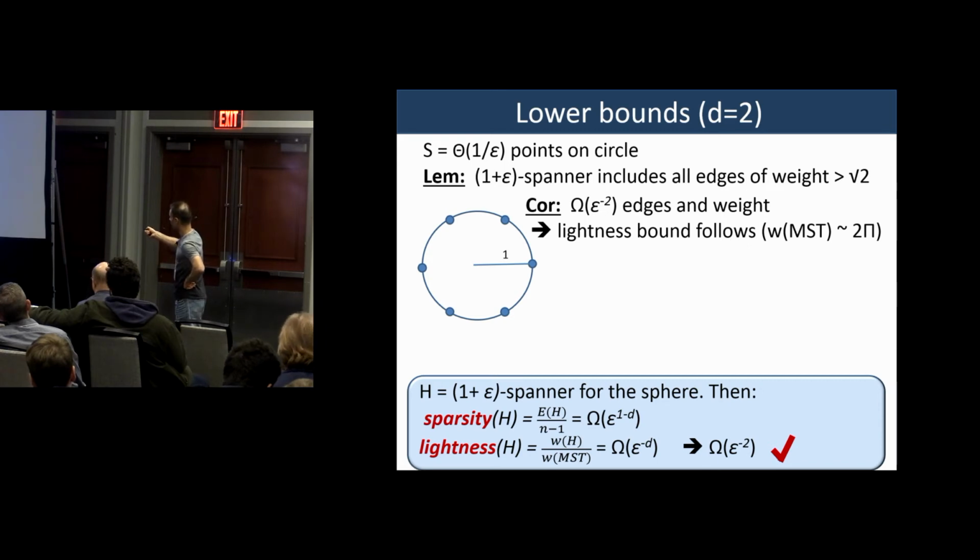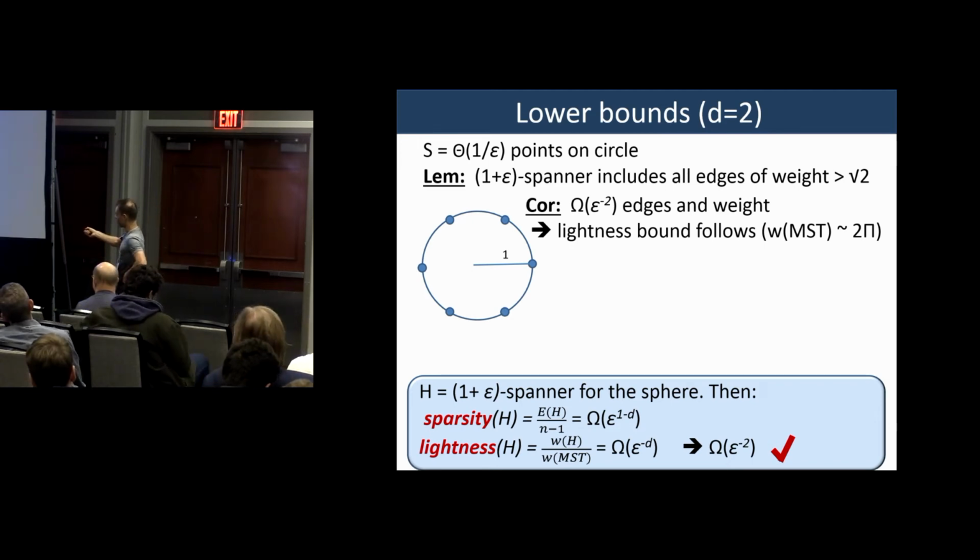So every one of those edges that we know are in the spanner have weight linear in the weight of the MST. And this means that we have this many edges, quadratic in the number of points, and this lightness, epsilon to the minus 2. OK, so this concludes the lightness bound.